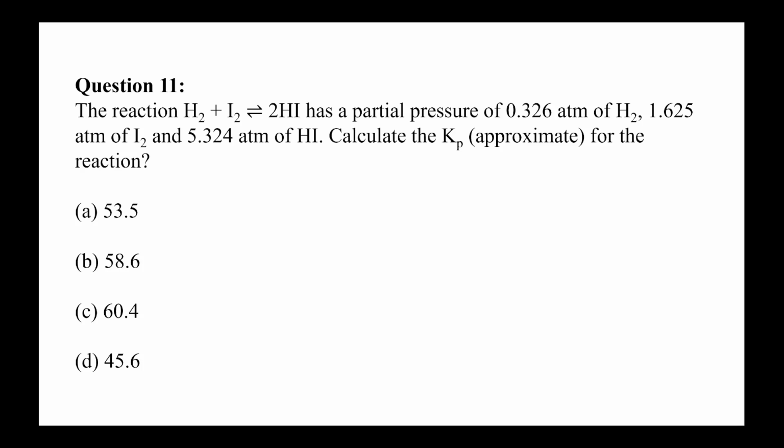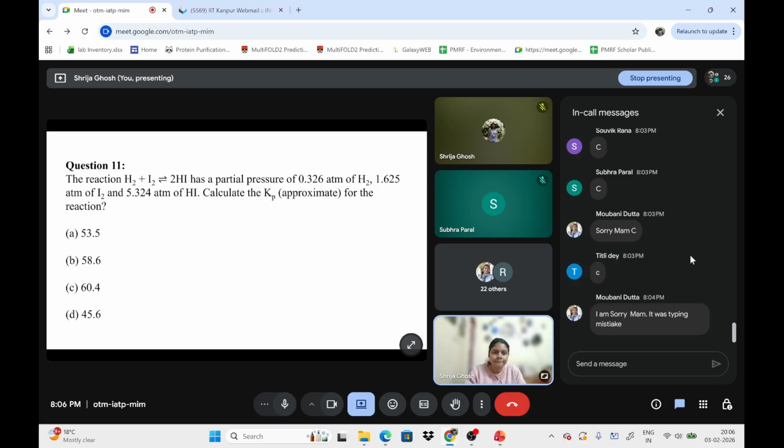You just have to calculate the equilibrium constant. You know how to write the equilibrium constant in terms of partial pressure for a given reaction. Write it, put the values, and then solve it. This is a very direct question. Just put it in the formula and solve it.